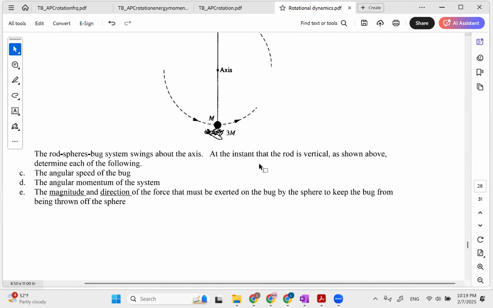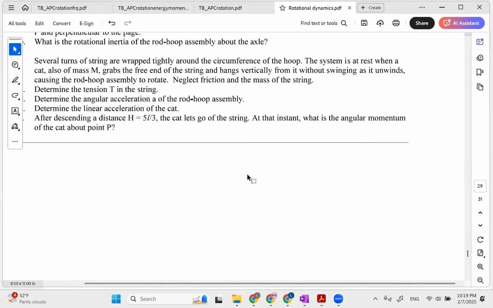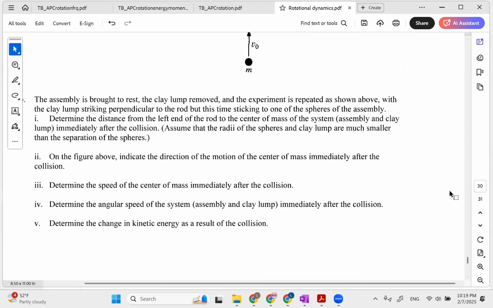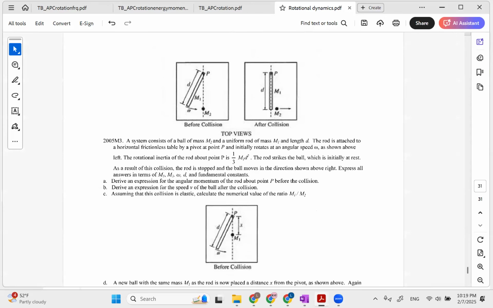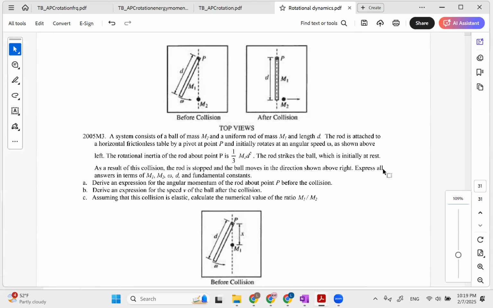And now, there's one more question. James, can you read the question? A system consists of a ball of mass m sub 2 and a uniform rod of mass m sub 1 and length d. The rod is attached to a horizontal frictionless table by a pivot point at point P and initially rotates at an angular speed omega, as shown above left.